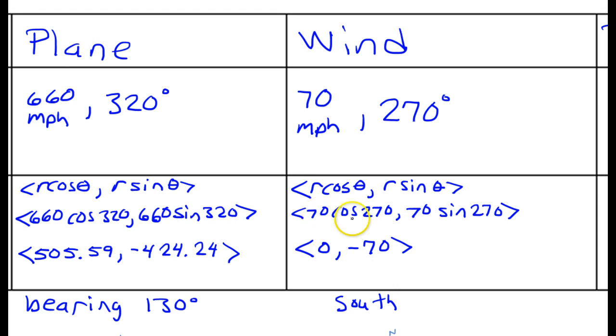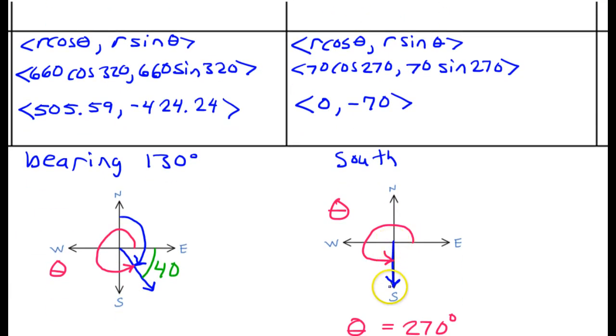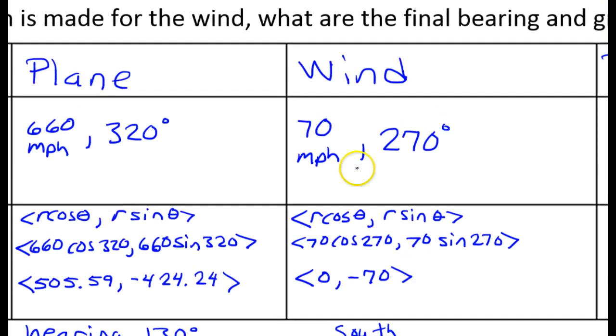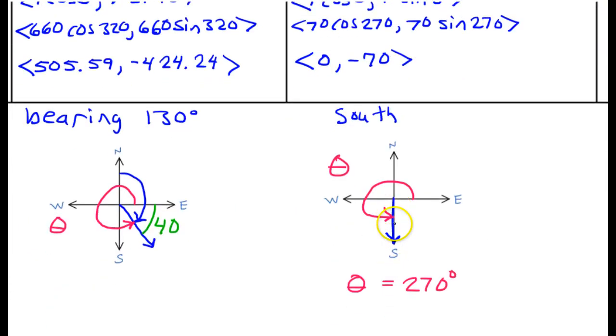As soon as I went to type this in my calculator, I felt really silly. Did we really need this formula? Did we really need a calculator to know this? Remember, the wind was blowing due south. So the horizontal component, there is no horizontal component. It's only vertical. So the entire magnitude of 70 miles per hour is in one direction, to the south.